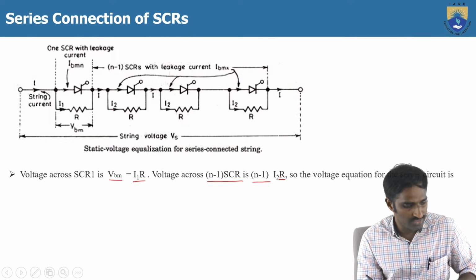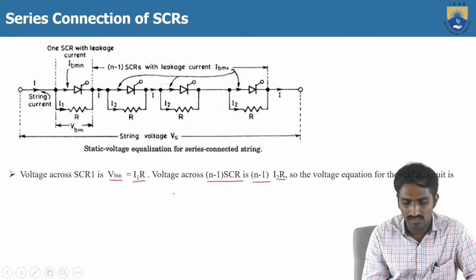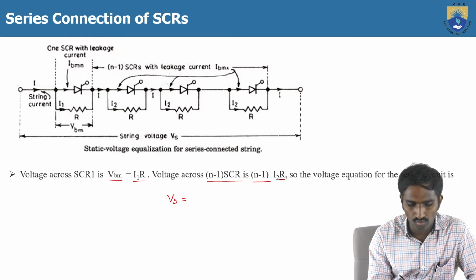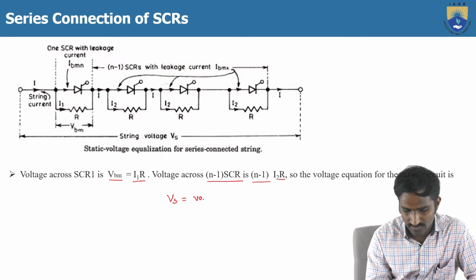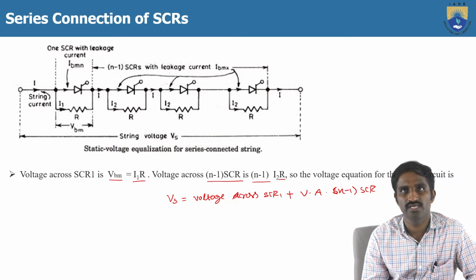Let me consider the voltage across the string as Vs. So Vs is equal to the voltage across SCR1 plus the voltage across the n-1 SCRs.